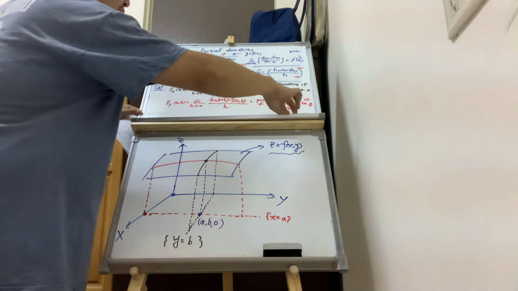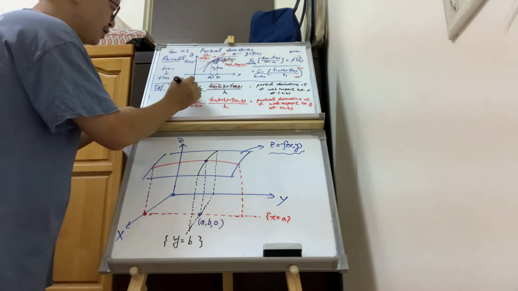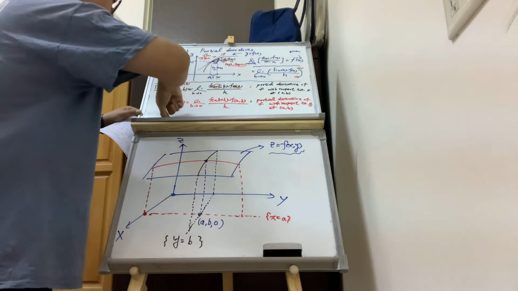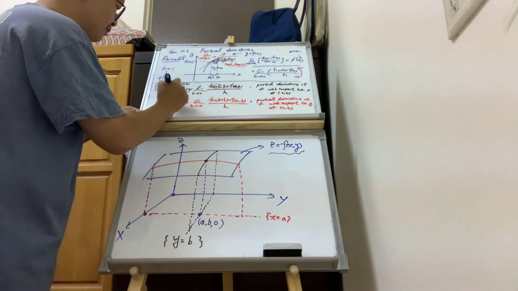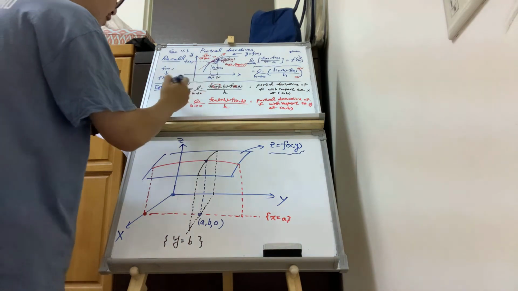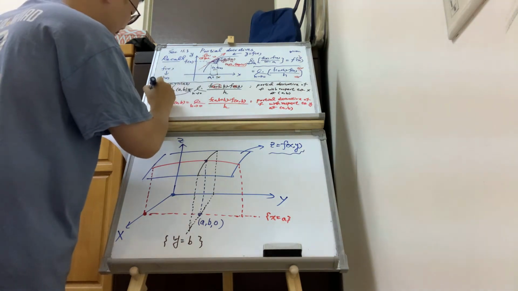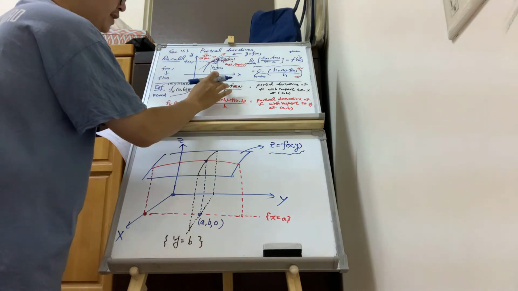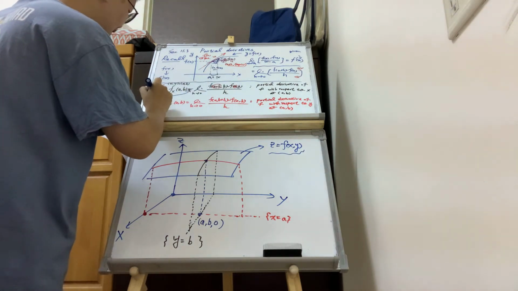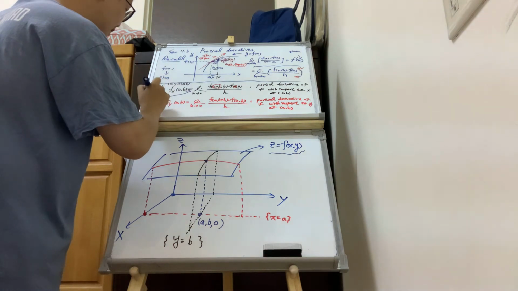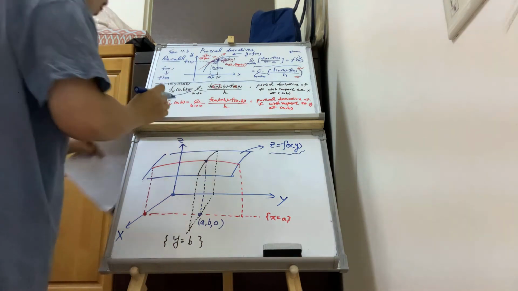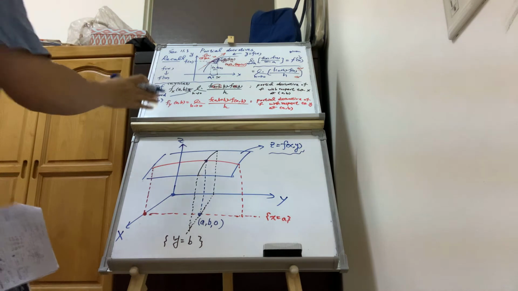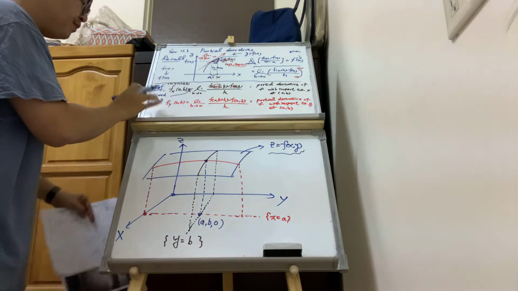So in this definition, there is one important concept. In its definition, we fix the coordinate y. It should be equal to b. So we fix the plane y equals b. We fix the y coordinate value. We let it be b.